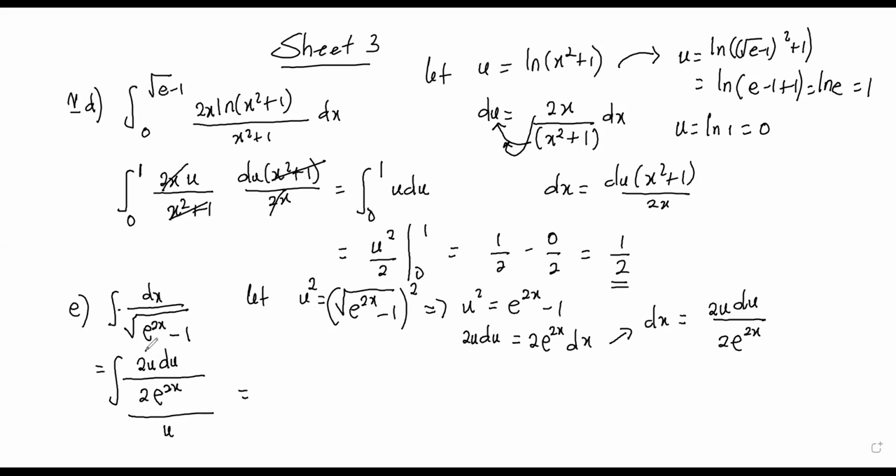So you see, first these 2's were canceling, and now we are seeing these u's are canceling. So we're ending up with du over e2x. Now see where the challenge is. We have changed the variable to u, but we still have e2x.